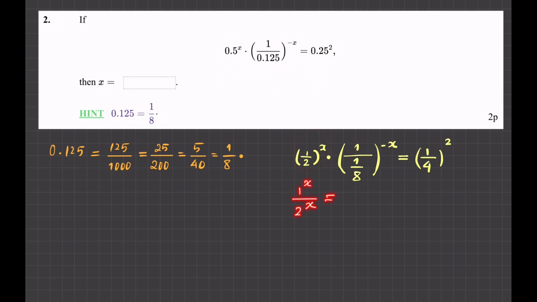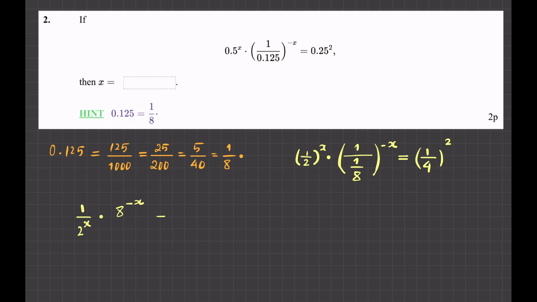But 1 to the power x is just simply 1, and then 2 to the x. So instead of this expression, I just simply write this, yes? So it becomes 1 over 2 to the x multiplied by 1 over 8 is just simply 8, and then I have the power minus x.